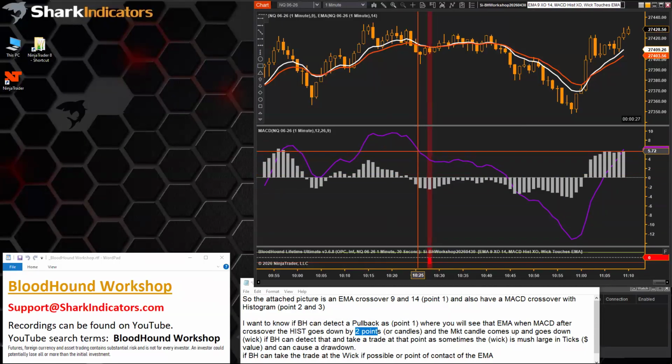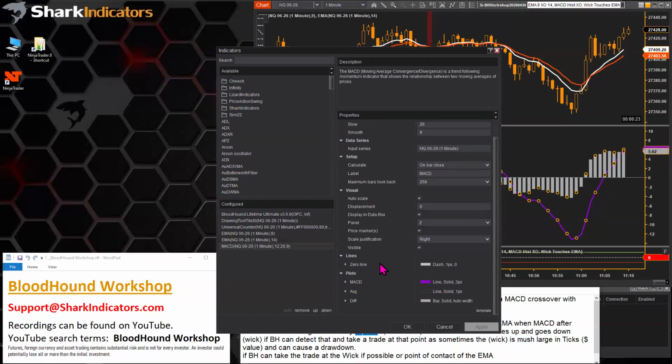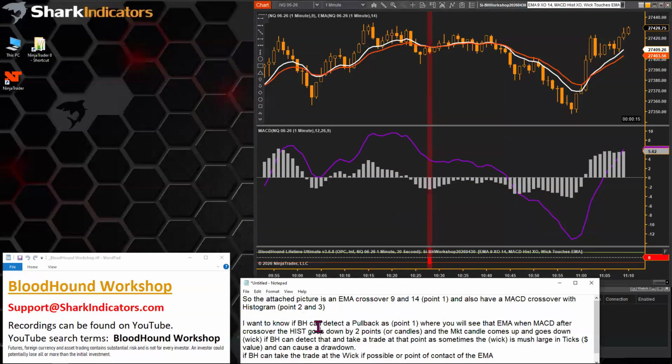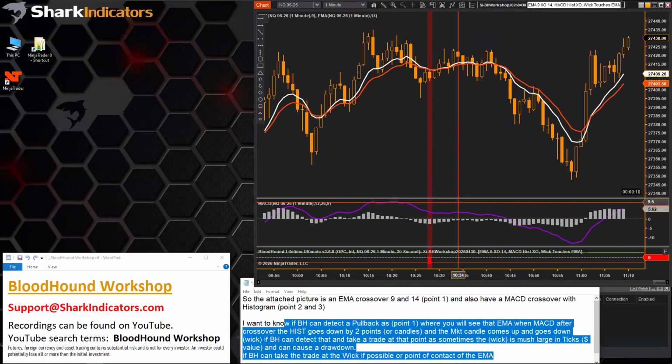And really, for this, we don't even need the MACD line. We could also turn that off as far as what's being used here. But it is kind of nice to see the MACD line when you're trading.